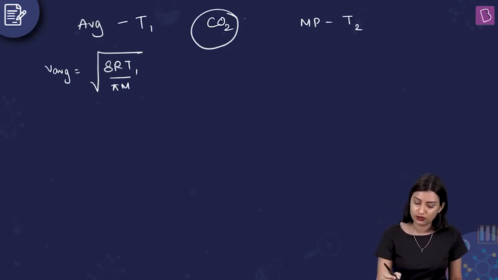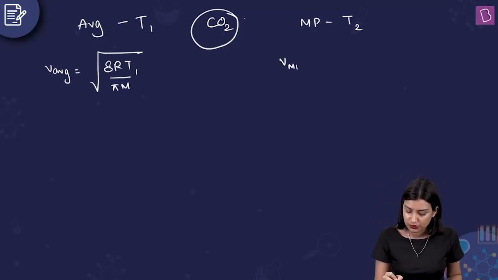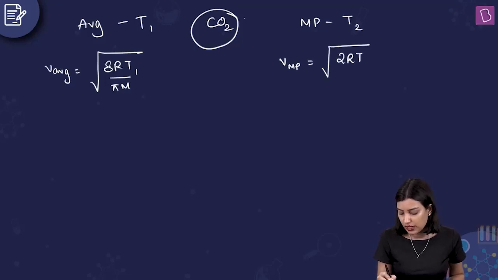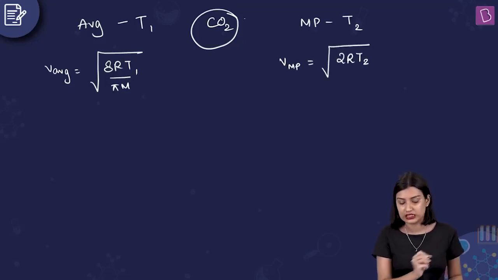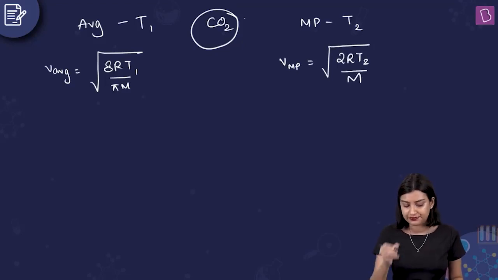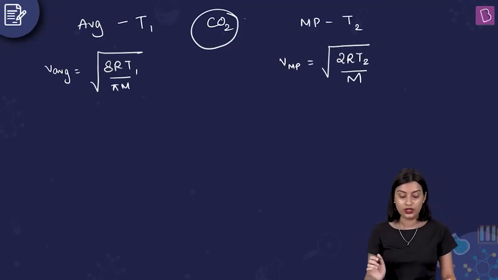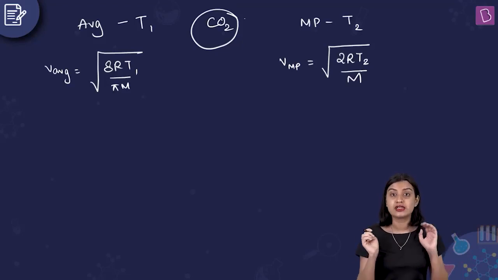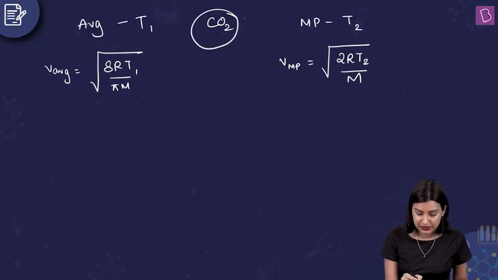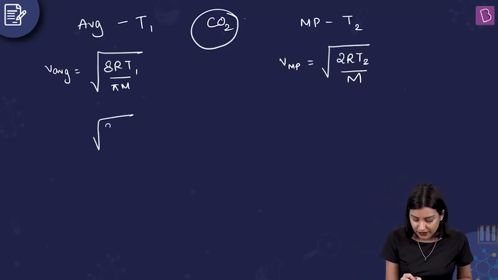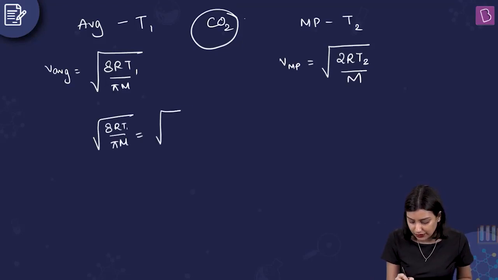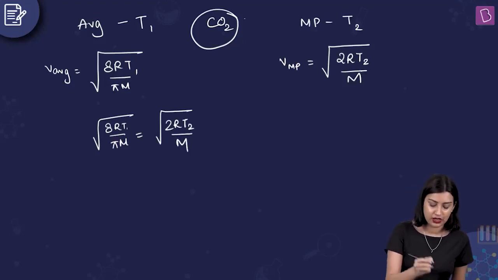What about most probable velocity? So V most probable is equal to under root of 2RT, where T is given to you as T2, by M. Now these two values are said to be equal, which means under root of 8RT1 by pi M is equal to under root of 2RT2 by M. So now let's get cancelling.